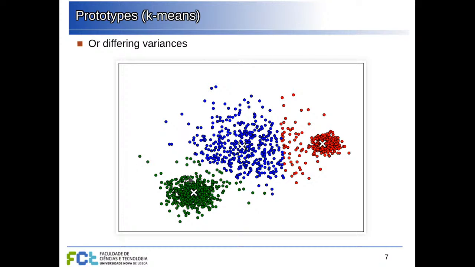For example, also when you have clusters that have different variances. For example, these clusters are very tight and this one is more spread out. But since the attribution of points to clusters is based on the distance to the centroid, then there is always a frontier exactly in the midpoint between 2 centroids.